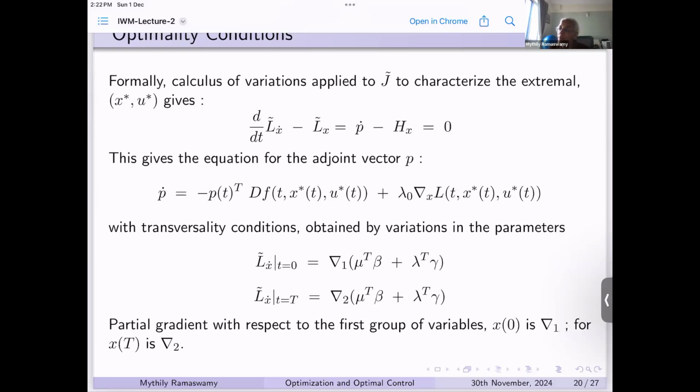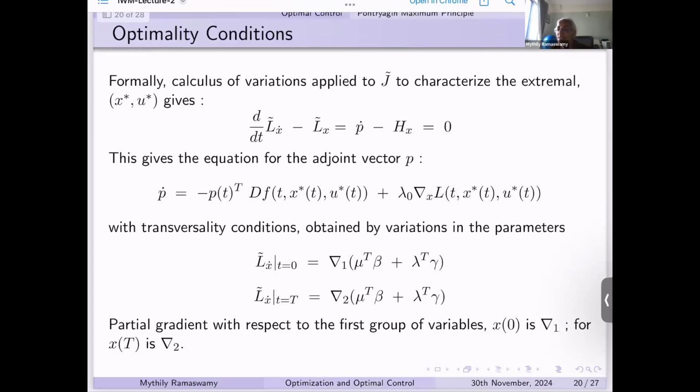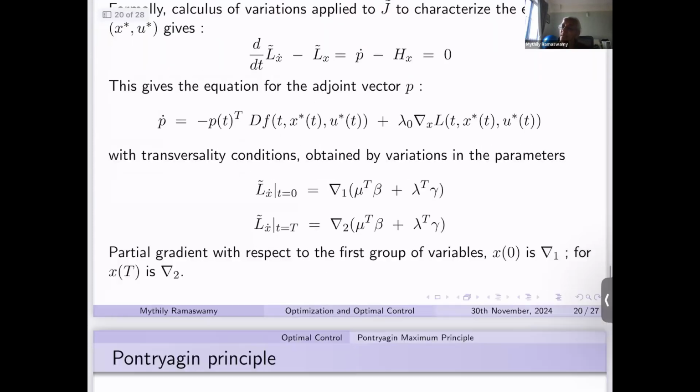If it is nabla 2, then it is differentiated with respect to the second group of variables, which is xT. So these will give you some conditions at 0 and T, and that should help you to solve the ODE for P dot, and that will supply the terminal or initial conditions. So all this will be the optimality condition.